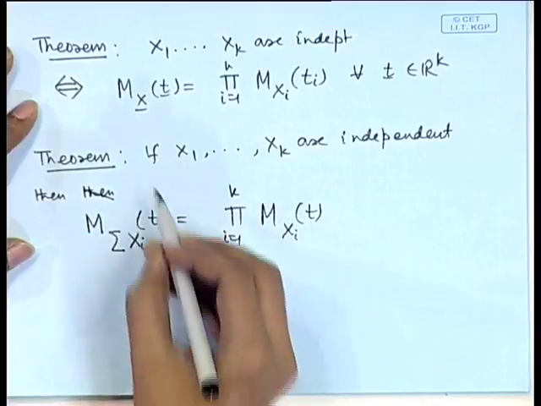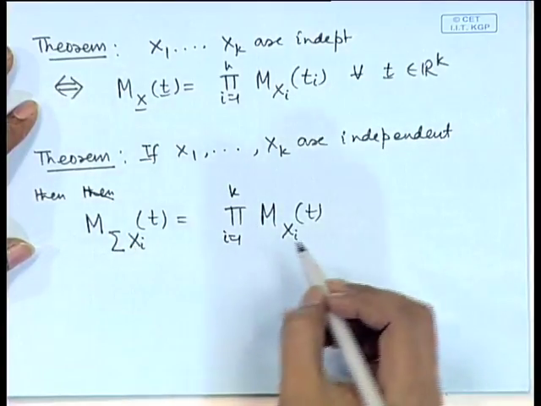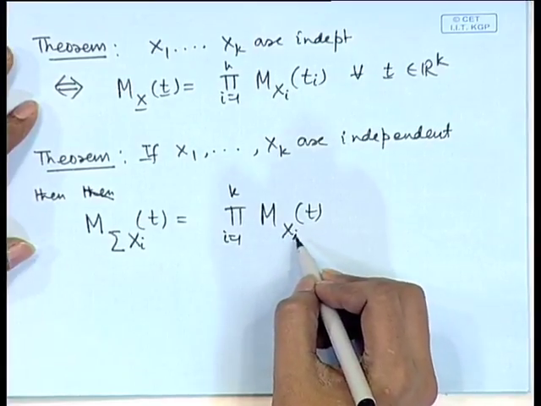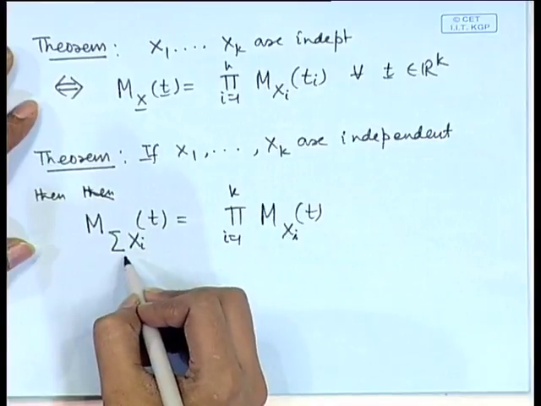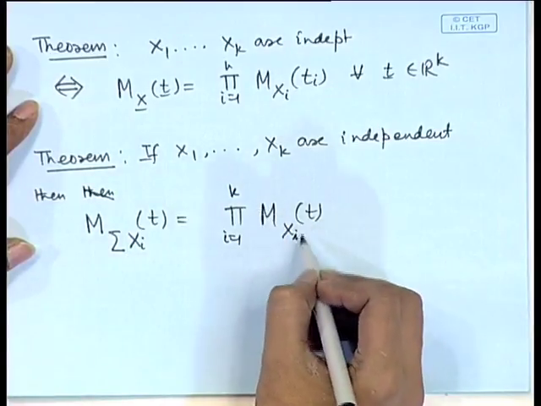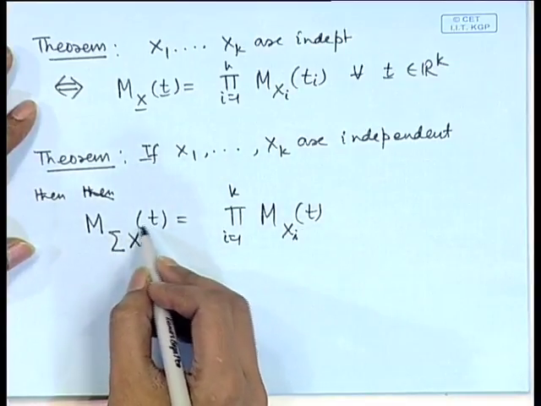Now, this is a very useful tool in evaluating the distributions of the sums of random variables. Given that certain random variables are independently distributed, if we are interested in the distribution of the sum, then we simply multiply the MGFs of the individuals and notice what is the form of that. If it is identifiable with a certain distribution, then we know the distribution of the sum without going through the usual procedure of transformations.